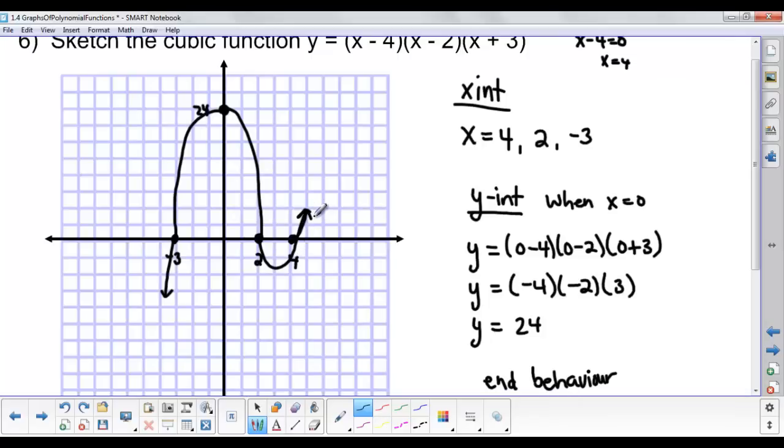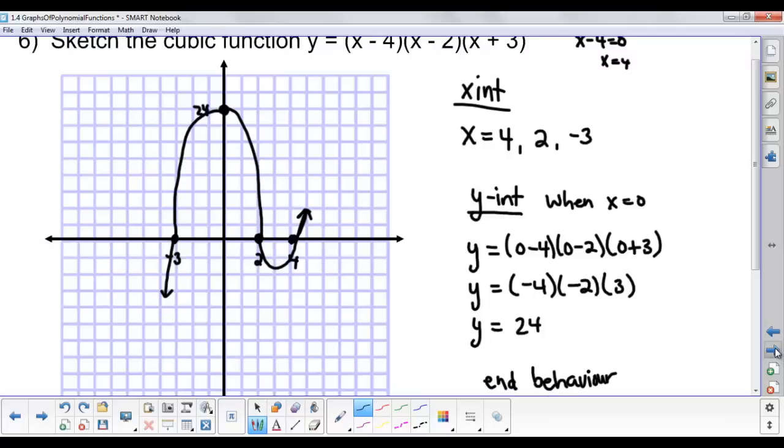And there we go. And because we're doing a sketch, where this curve happens is not entirely important right now. If you really want to know where it is, you could probably sub in a value, let's say x equals 3, into your formula up here, and see what y value you get. But for now, all I'm concerned about is x-intercepts, y-intercepts, and the end behavior.